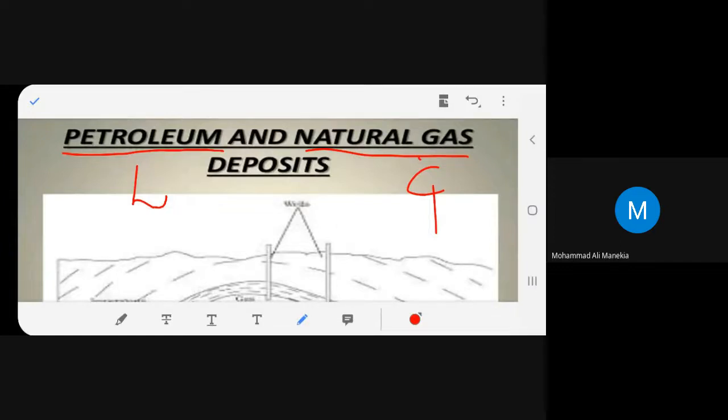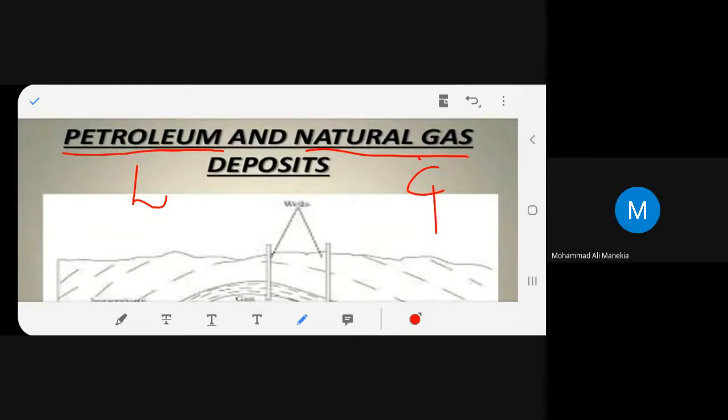Now I'm drilling the earth to find out whether there is a reservoir of petroleum or not. Which one is lighter, liquid or gas? Gas is lighter, so gas will come out first.